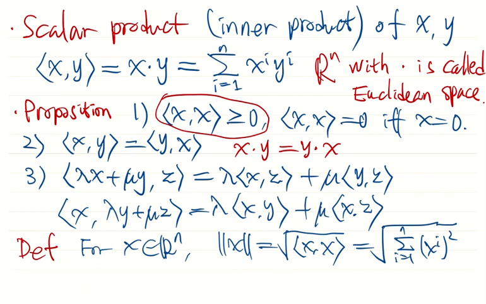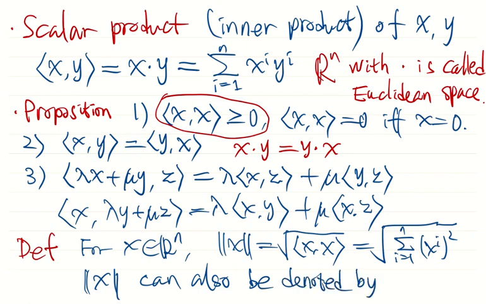Sometimes we denote the norm by a simpler notation, a single bar, like the absolute value. This notation is much simpler, and we prefer to use this simpler one. And also we consider the case n equal to 1.